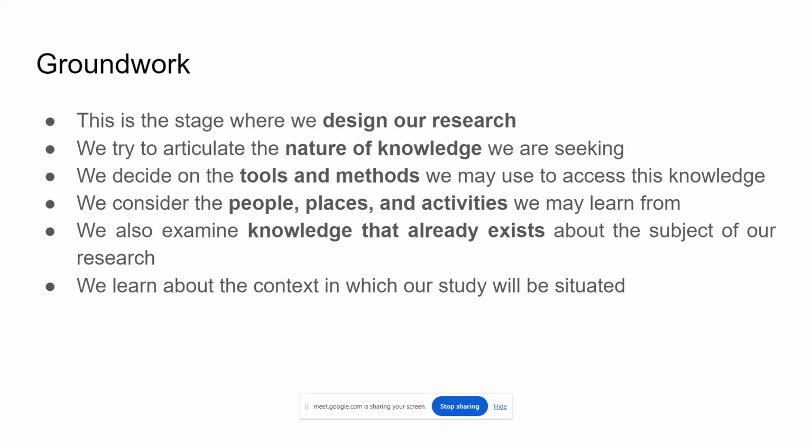Then we decide on the tools and methods. Once we're clear what we want to know from the field, it is really important to see what instruments or ways we incorporate in our research so that we get to the answers. Once you have the objective, the domain, and the question in your mind, you need to know what procedure you're going to go through.